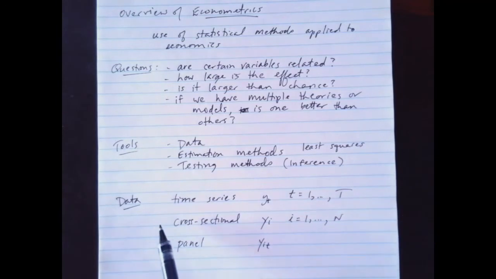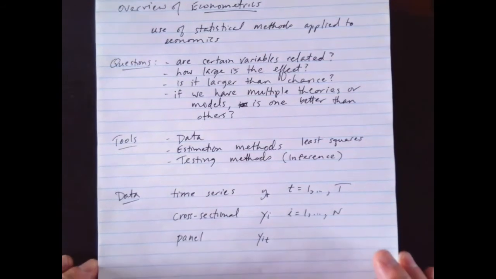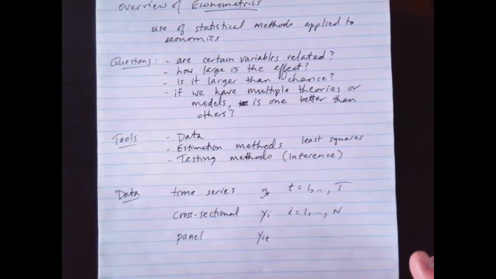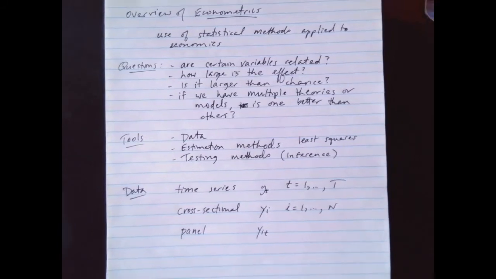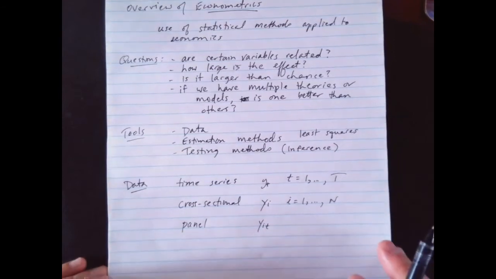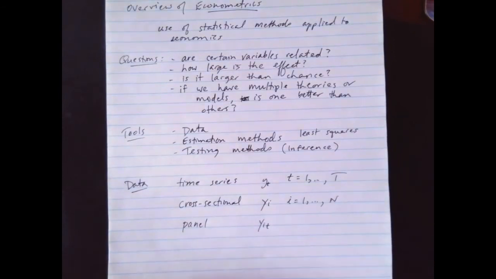So we're mainly going to look at cross-sectional examples and then some time series examples. Panel data methods will be reserved for more advanced courses. Now I'm zooming out again a little bit so that the rest of the page shows up here.